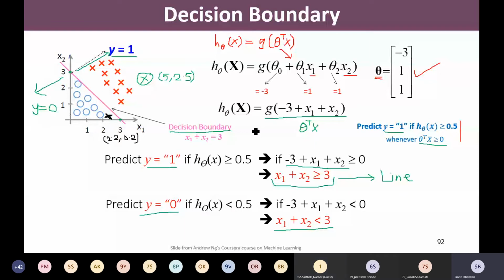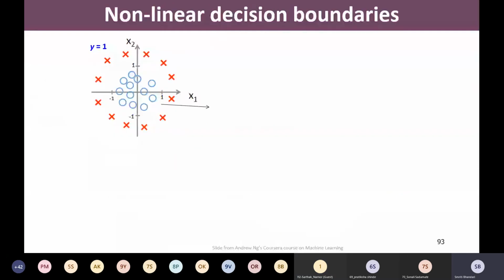Yes, ma'am. Fine. Now, let us proceed with a non-linear decision boundary. So we talked about a linear decision boundary, that means a line that is treated as the decision boundary to segregate the samples between two classes. Now, let us assume another example. Once again, we have samples that belong to two different classes.